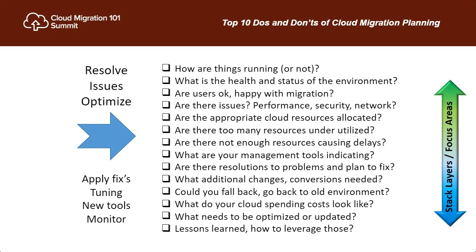Well, maybe it's time to upgrade those particular things. And what are your management tools indicating? What is the health and the status? What is the plan to address any problems, to fix them? What additional changes or conversions or migrations need to be done? And if need be, can you fall back, whether it's on an app basis or everything?